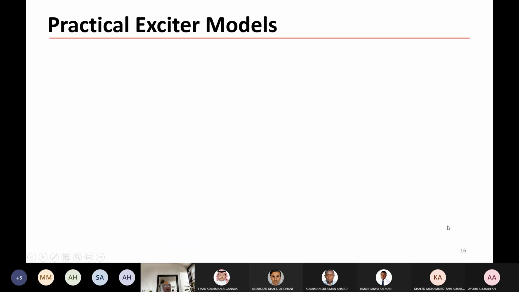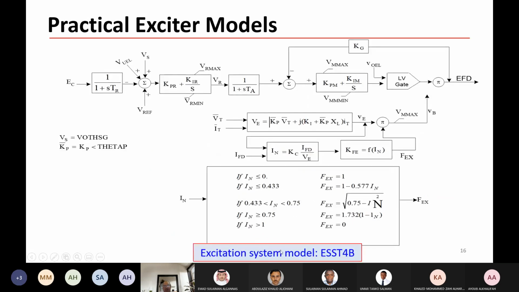But of course, in real life, we have much more difficulty, with so many limitations, so many non-linearities, PI controller, and this is the automatic voltage regulator. We have some low voltage gates here. If it is low voltage, if it is high voltage, you can compare.